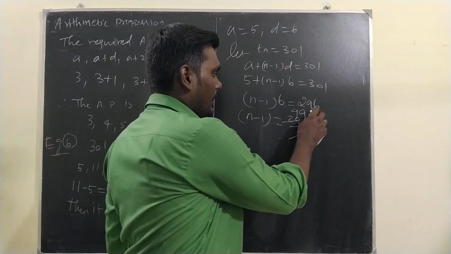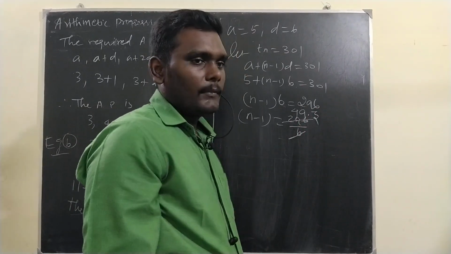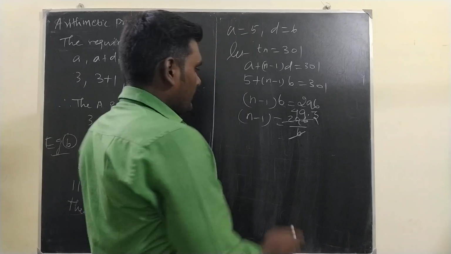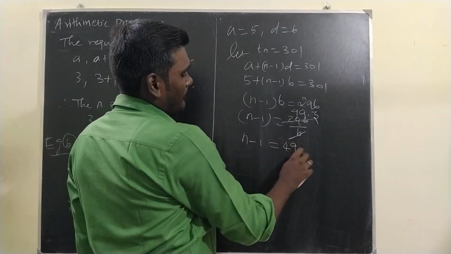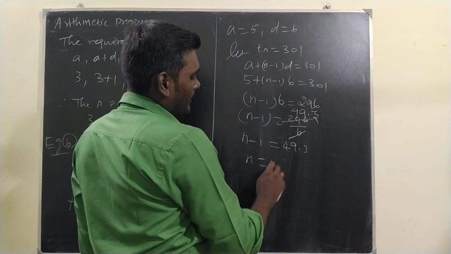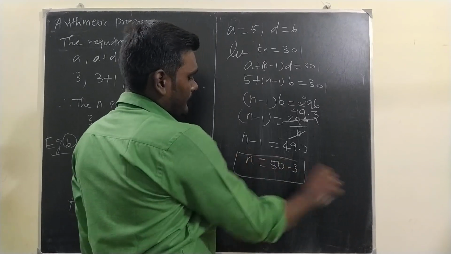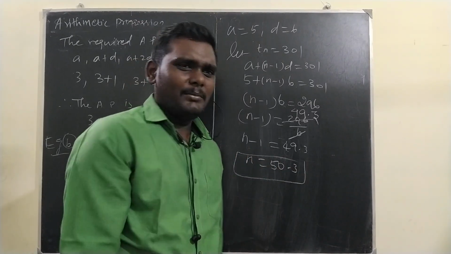So 49.3. Sorry, my bad. Then n minus 1 equals 49.3. N equals 50.3.